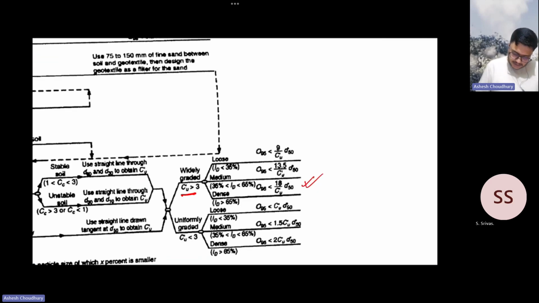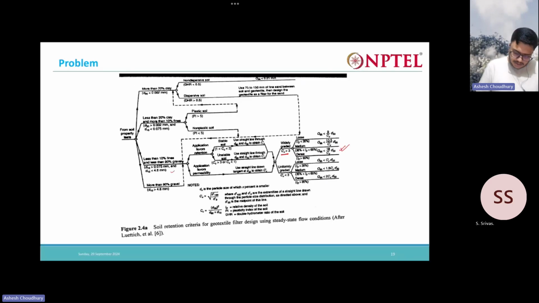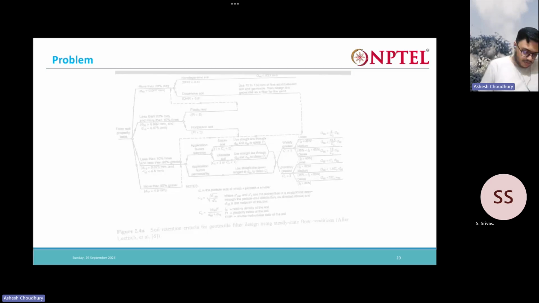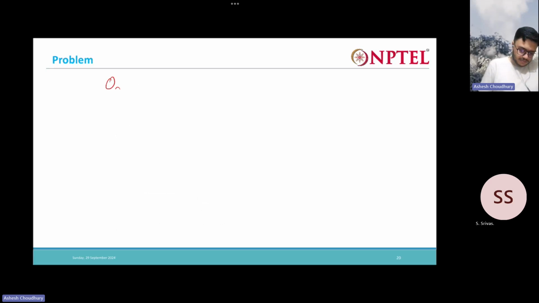O95 should be less than 18 by Cu D50. So properly see the chart and you can choose. O95 required is less than 18 by Cu D50. So 18, with Cu 5, and D50 also given, should be less than 0.126.